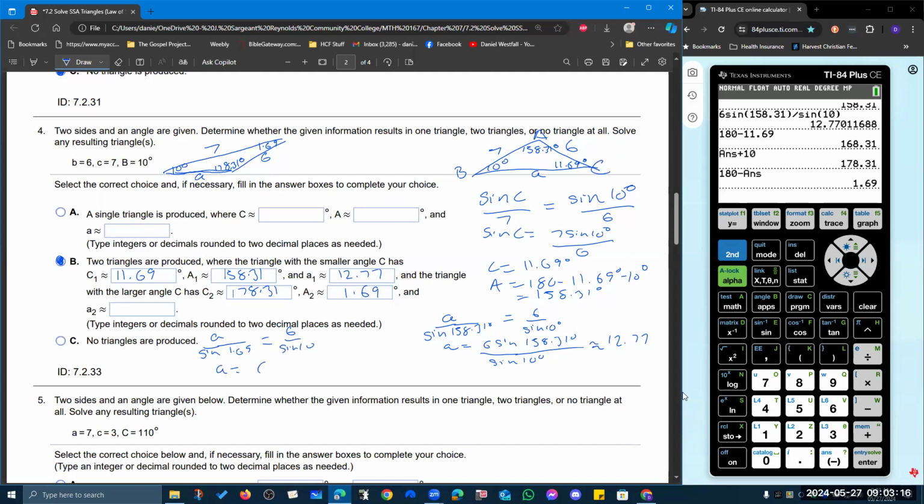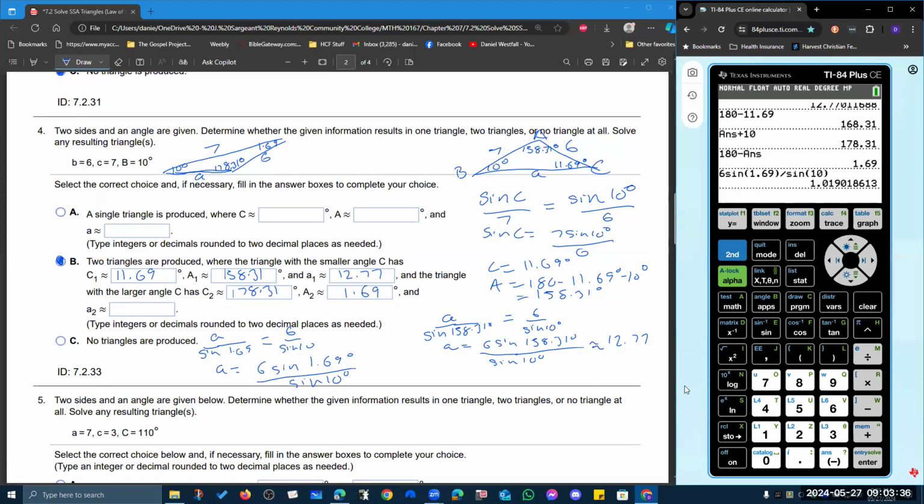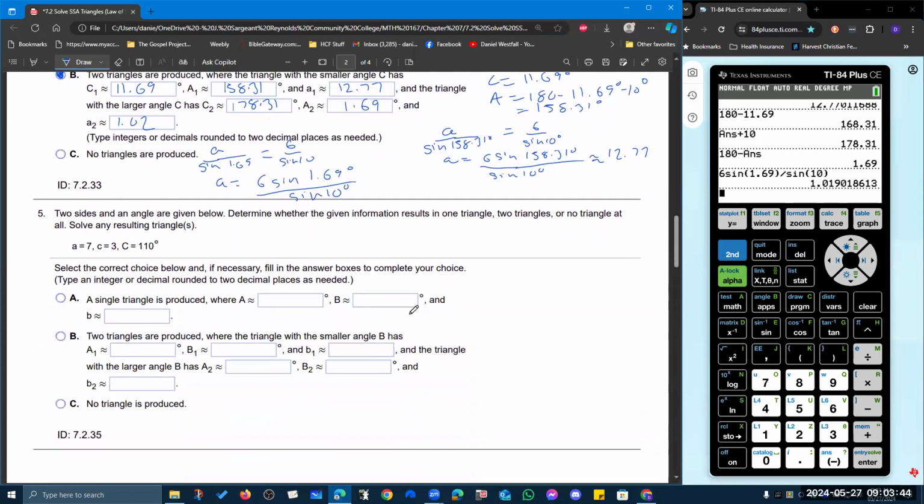So A equals 6 sine of 1.69 degrees over sine of 10. 6 sine of 1.69 divided by sine of 10. And that's going to be 1.02. There's one of our cases where we have two triangles.